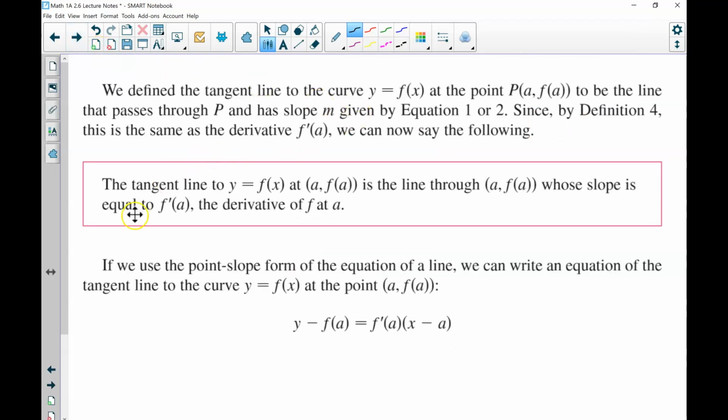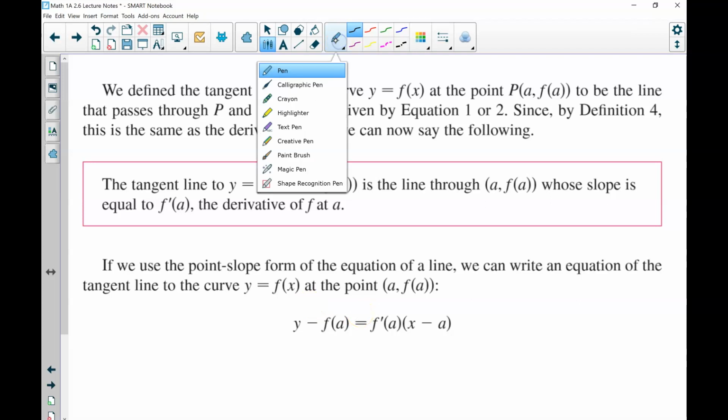We can say that the tangent line to y equals f of x at a point a, f of a is the line through a, f of a whose slope is equal to the derivative of f at a.